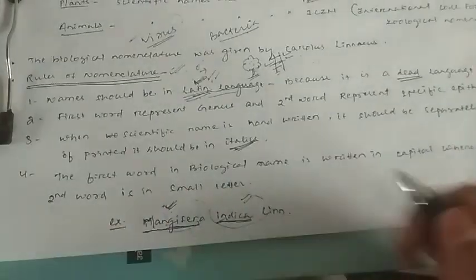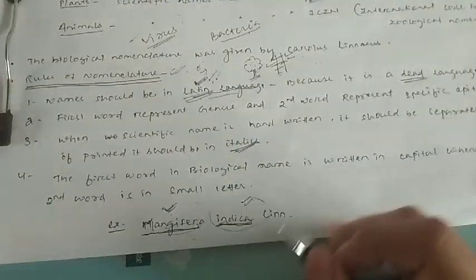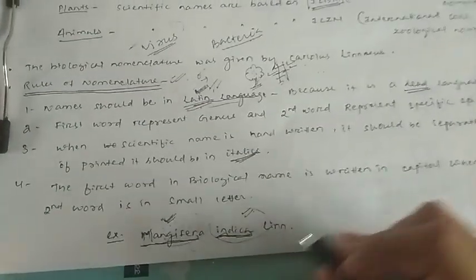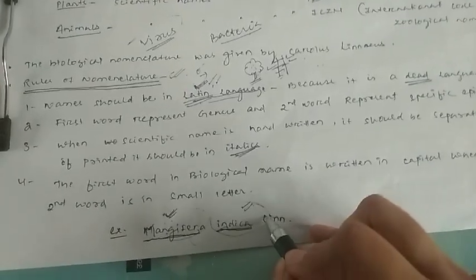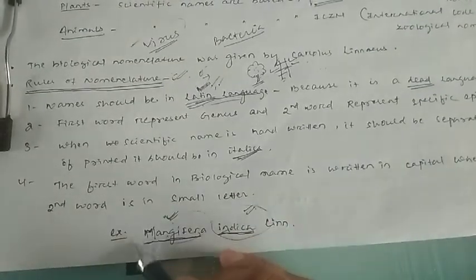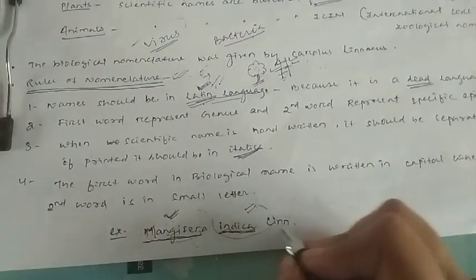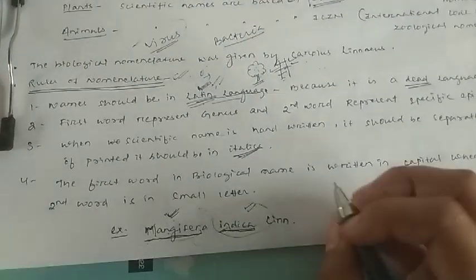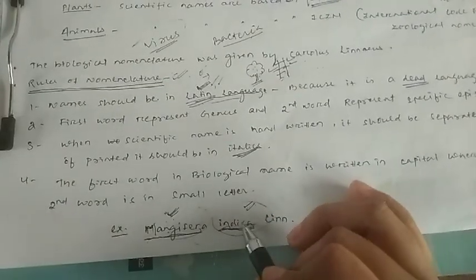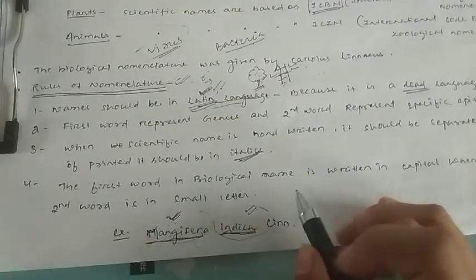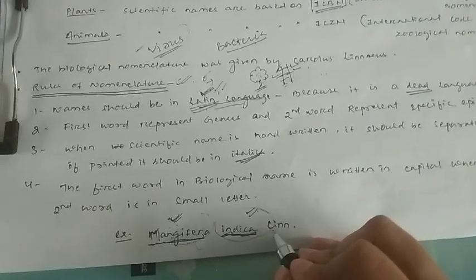The fifth point I have not mentioned here because I had a shortage of page. The scientist who discovered this name, whoever has given the name, can be written here in short, in abbreviated form. Mangifera indica was named for the first time by Carolus Linnaeus, so we write L. or Linn.